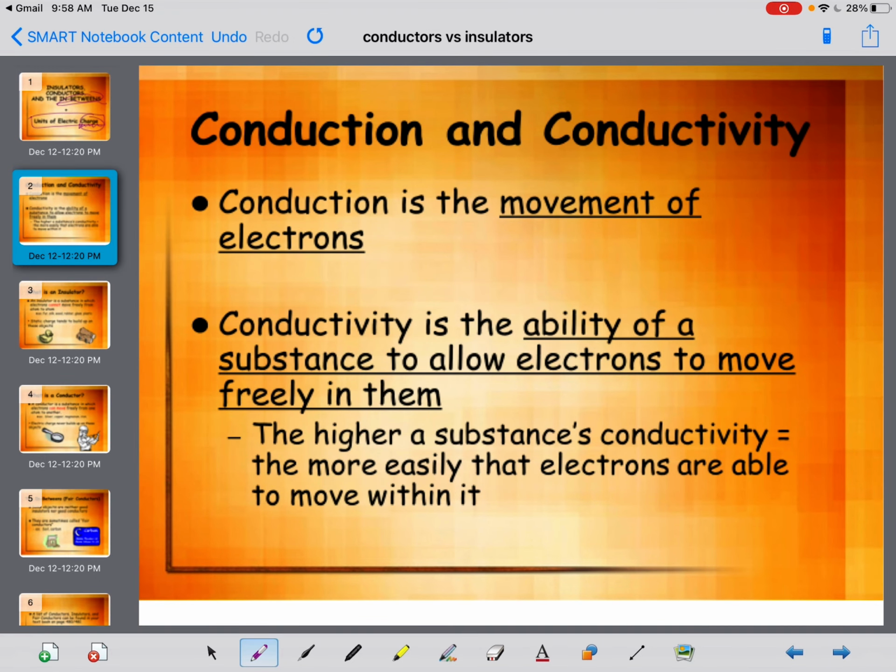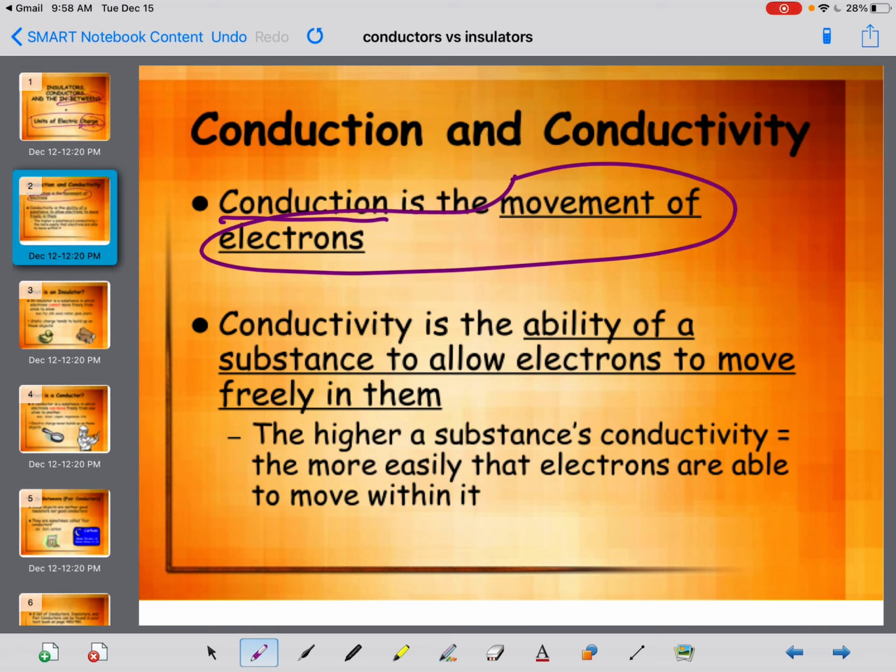The term conduction is basically talking about the movement of electrons. If we have a material that is able to conduct, that means electrons are able to flow through it relatively easily. We saw this in chemistry: metals are able to have electricity move through them, so metals allow conduction to occur.